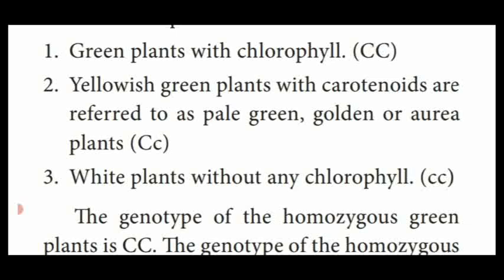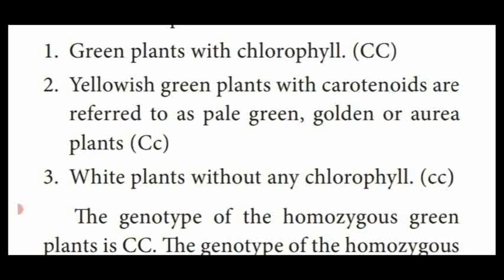Then next, the yellowish green plant. What is that? The yellowish green plant with carotenoid is referred to as pale green, golden or aurea plants, with capital C and small c. Capital C is the green color with chlorophyll. Carotenoid means they produce yellow color, so they are called pale green or golden or aurea plants.